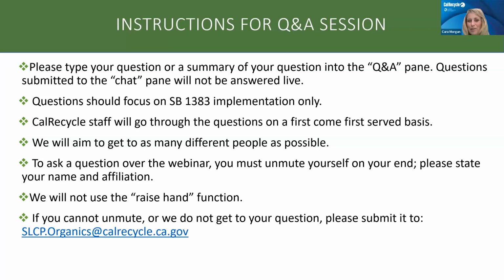Yeah, thank you so much for your question. So the school districts are considered a local education agency, and the school districts are responsible for implementing an edible food recovery program starting in 2024. That means establishing a contract or agreement with food recovery organizations and services to recover all of the edible food that can be safely recovered.